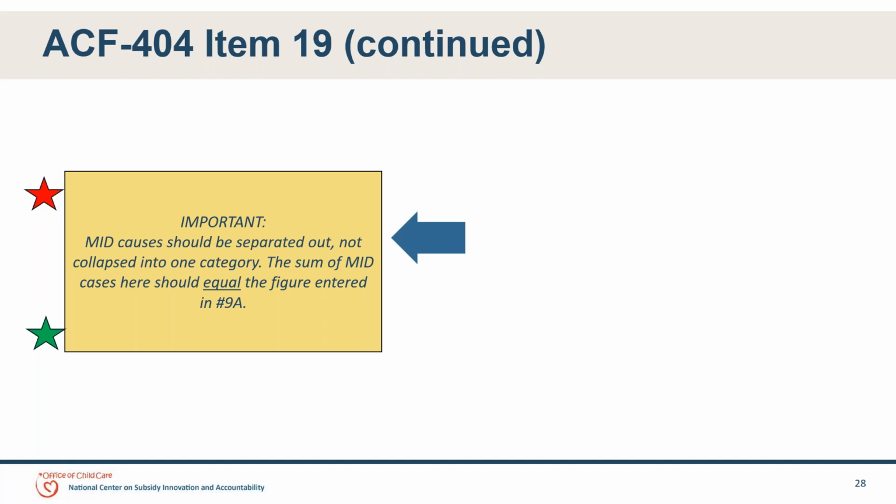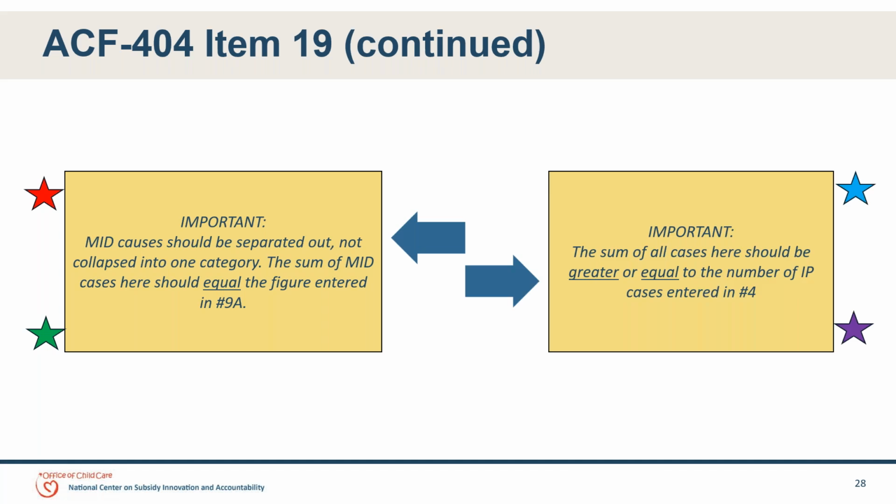Also, you'll need to do some cross-checking here just to make sure that all errors are accounted for. So the sum of column 2 in this item for the MID error should match what you entered back in 9A. And they should also match up with the number of rows that you have in item 18 for non-mitigated errors, and the sum of all of your cases in column 2 of item 18.